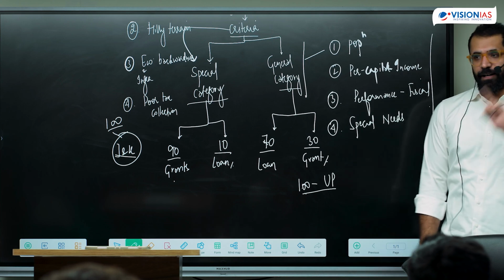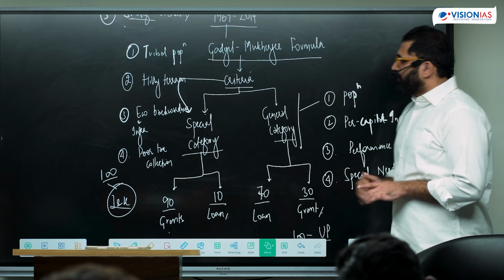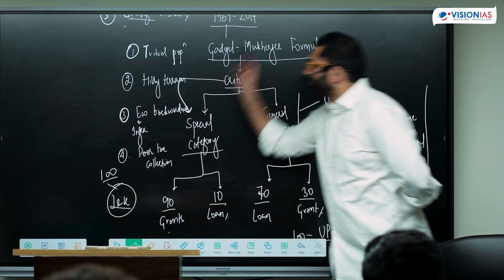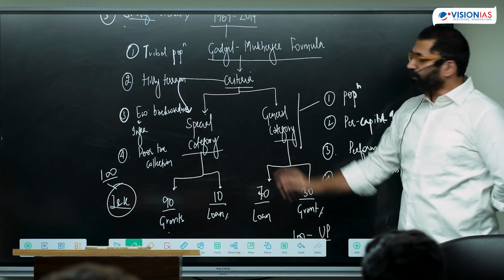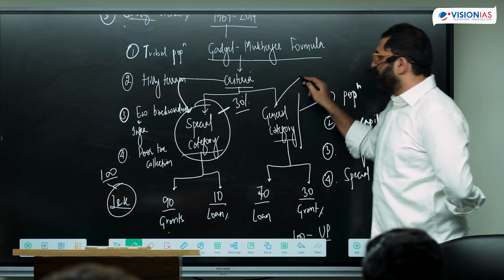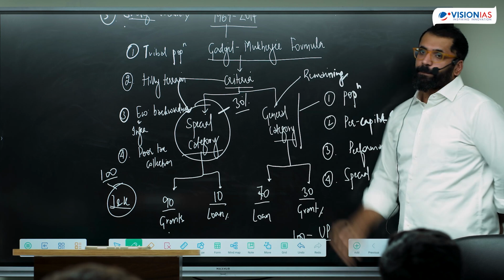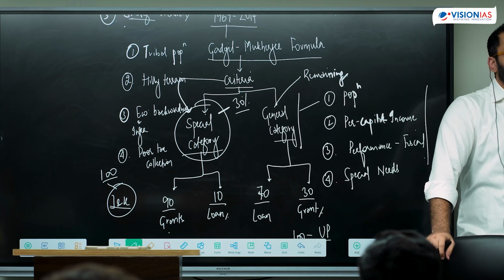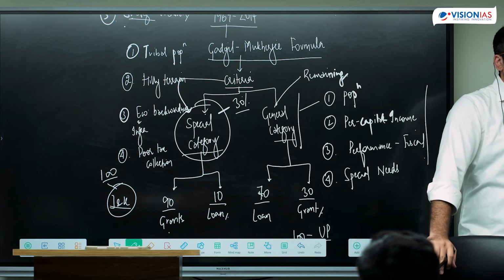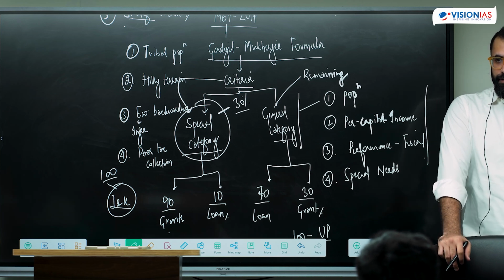In fact, they added one more thing here, and this is how it happened. Of the amount which the center decided to give to the states, 30% of the funds will go to special category status. Remaining funds will go to general category. 30% was earmarked every year for special category status, and the remaining amount will then be distributed amongst the general category status.